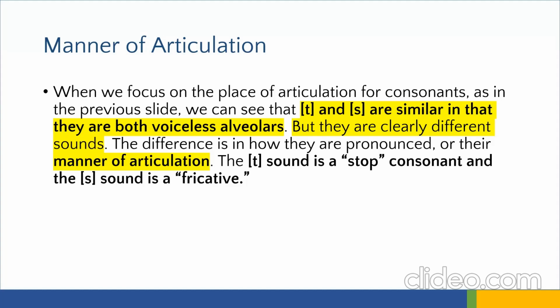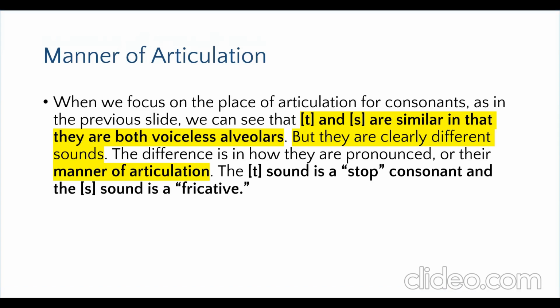The difference is in how they are pronounced, or their manner of articulation. The T sound is a stop consonant and the S sound is a fricative. So let's see how it is different. The T sound is a stop.